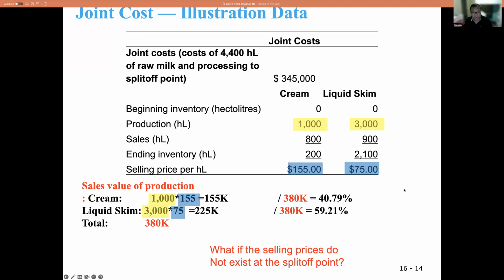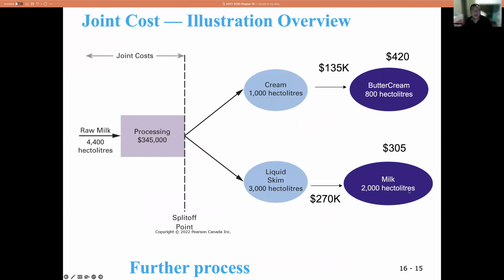So we are going to take a picture of this. You have seen the left side of the picture. Suppose that they don't sell at the split-off point. They don't sell cream, they don't sell liquid skim. So I cannot use the approach we just used.